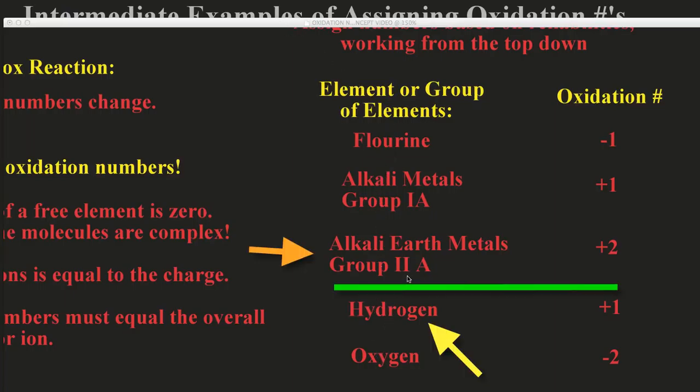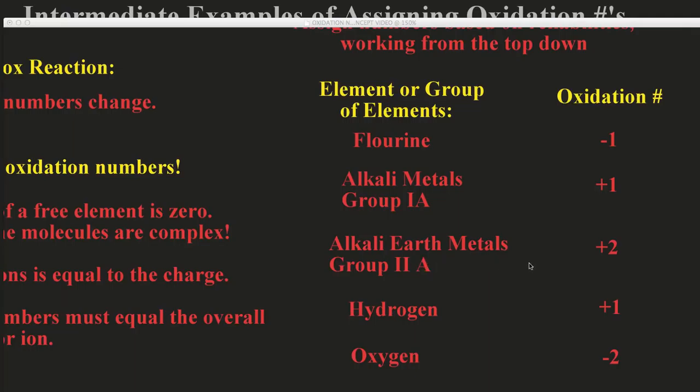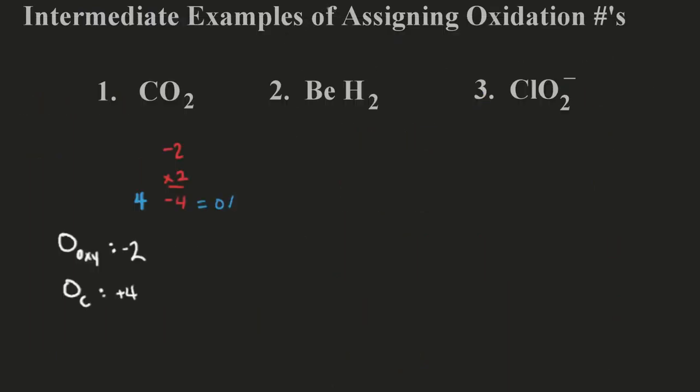Well, group 2A is above hydrogen, so the rule for 2A takes precedence over hydrogen's +1. In other words, the elements in group 2A more readily have the +2 charge than the hydrogen would have the +1. What does that mean to me? Well, what that means is when I'm assigning the oxidation numbers, I don't start with hydrogen, I start with beryllium of a +2.